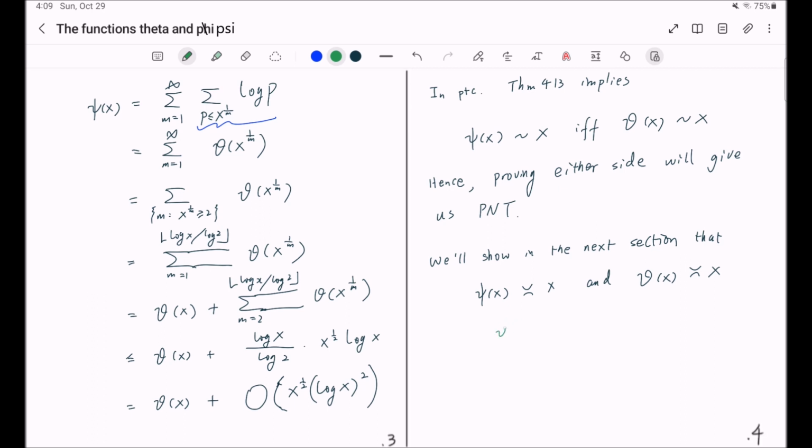And remember, this means although we do not know whether the limit of psi of x divided by x or theta of x divided by x goes to 1, we know this ratio will be squeezed between two constants. And here, remember, we always use the same unspecified constant a for all constants like this. This is what we're going to prove in the next section, which will later imply the Chebyshev theorem, a weaker statement of the prime number theorem.